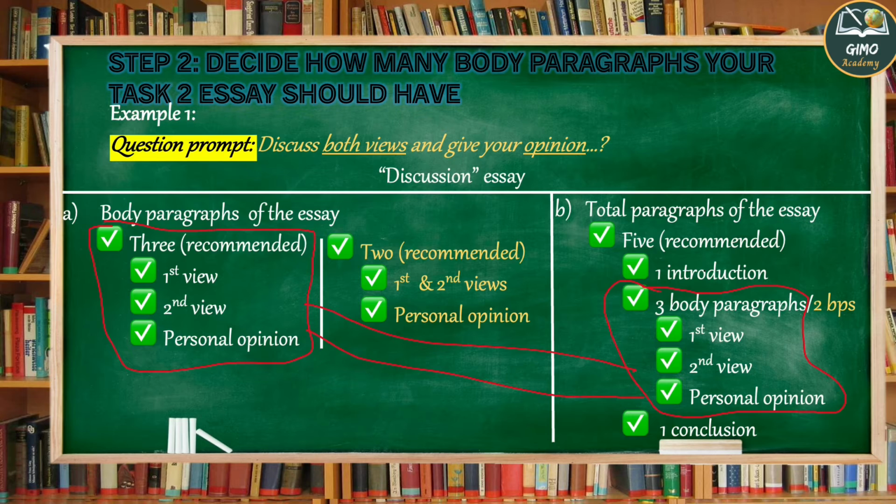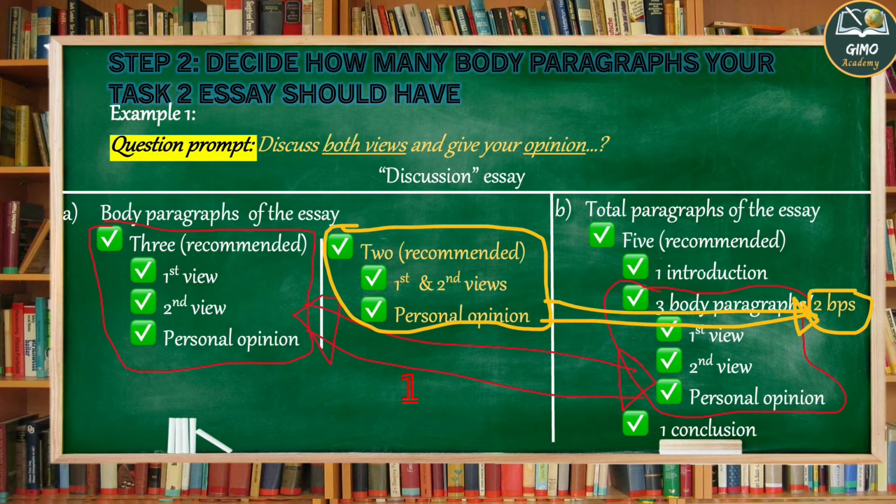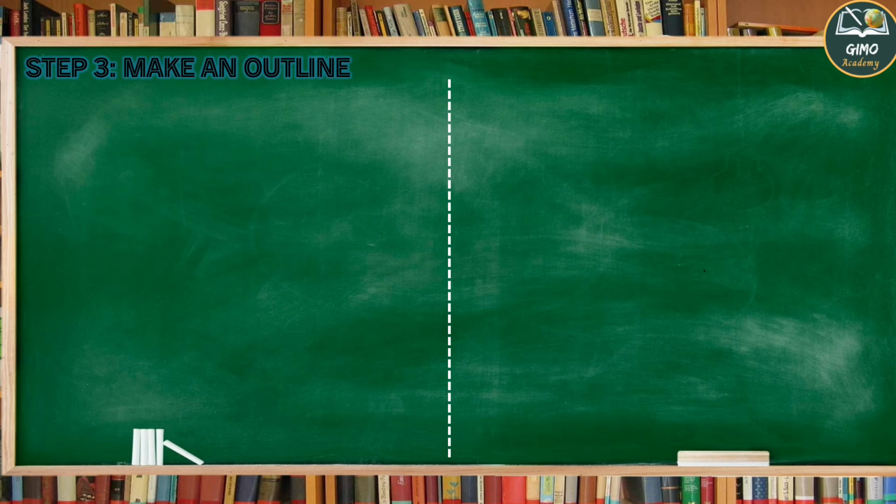They are always the same. Don't be confused. This is the first module, and this is the second module or the second option. Fantastic. Let's move on to the next step.